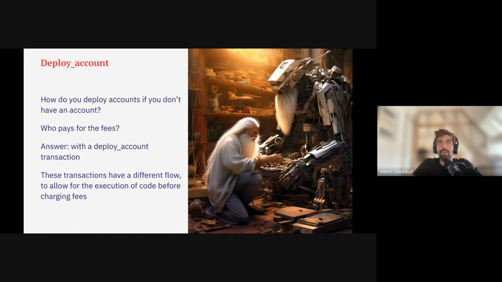And then if that account has funds, it will execute the constructor in a very constrained environment to try and deploy your account, and then call a specific method on it to make sure that it is indeed allowed to deploy that account. And after that, your account will be deployed, and you'll be able to use the funds, right? So it's a very roundabout way of deploying new accounts.